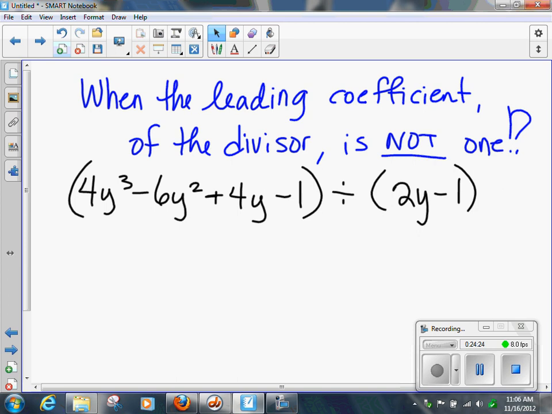What would you do? What do I need my leading coefficient to be? What do I do? No, you're warm. Warm.